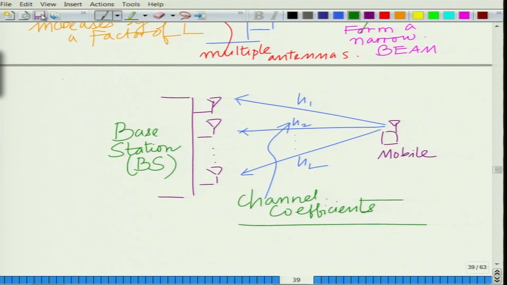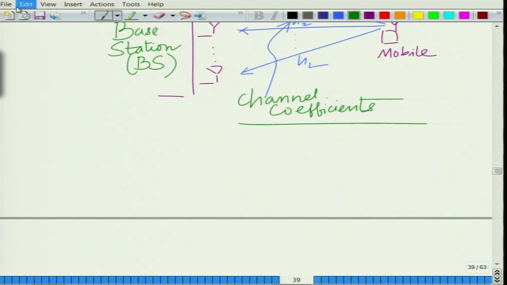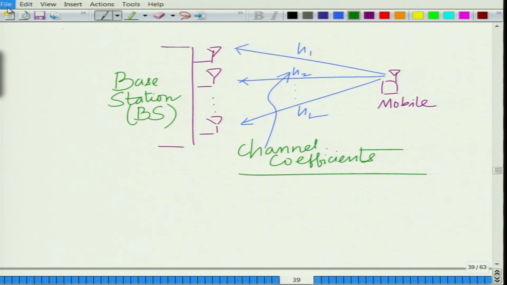These are L antennas: antenna 1, antenna 2, so on, antenna L, and Hi is the channel coefficient.